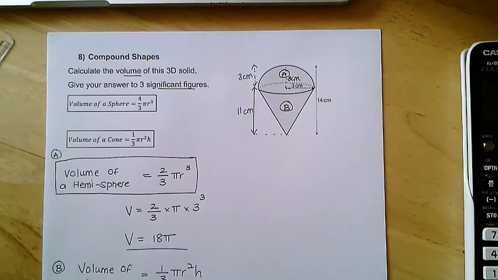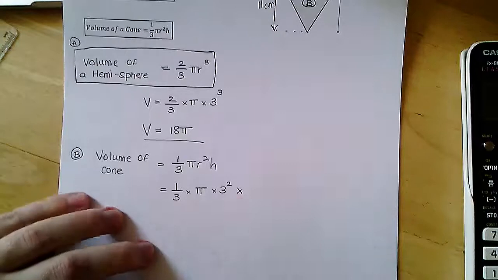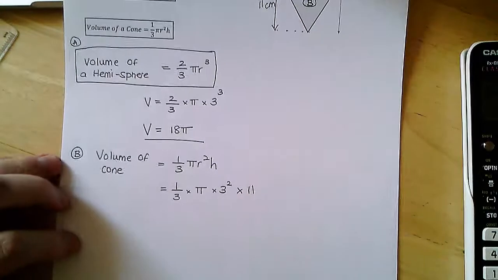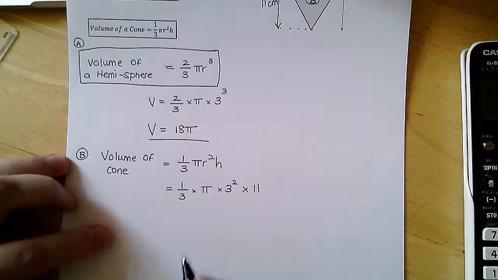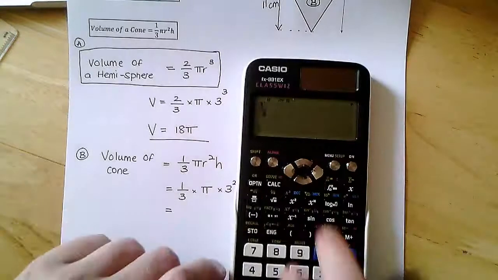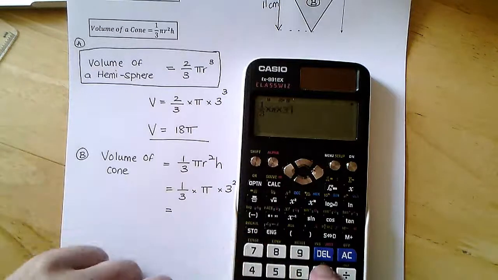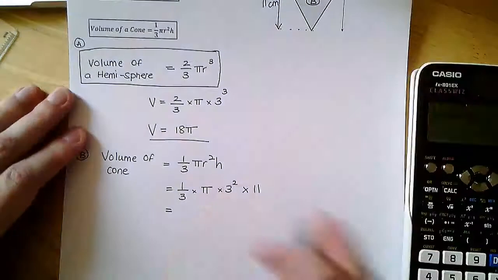So therefore the height of the cone is 11 centimetres, not 14. Be careful there. So 1/3, lots of pi, lots of 3 squared, lots of 11, gives you 33 pi.